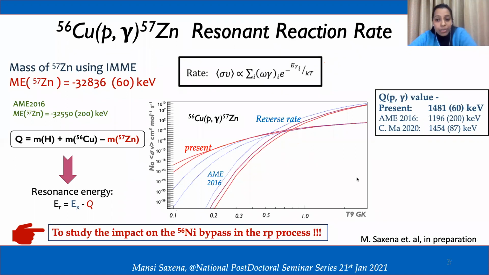The main idea would be to see the effect on the reaction flow around the 56 nickel waiting point, considering all the new constraints which we have on the nuclear physics uncertainties in this region. I should also add here that the initial preliminary results which we have in hand clearly show us that we are able to constrain this 56 nickel bypass with much smaller uncertainties. So hopefully we should have all the results available very soon.